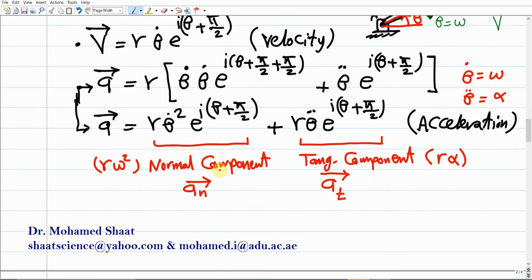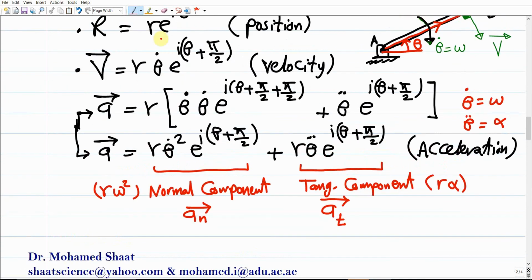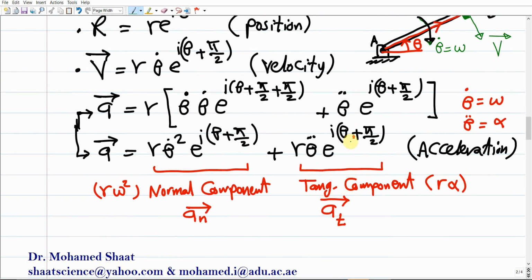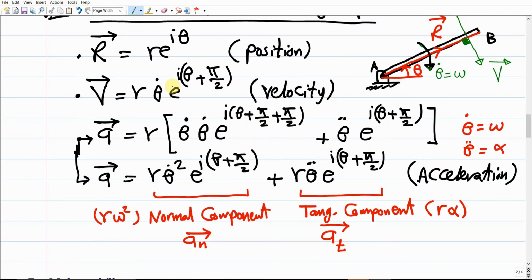Now let us figure out the directions of these two components of the acceleration. Starting with the tangential component, again, it has the same direction as the velocity. It is theta plus pi over 2. It means that there is a 90-degree difference between the direction of the tangential acceleration and the position vector.